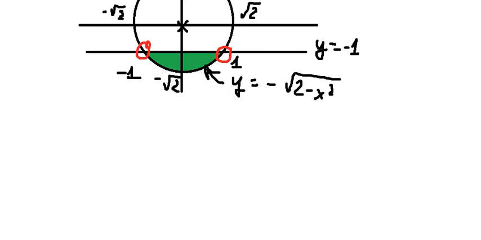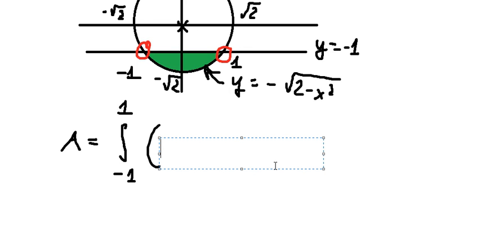So we have the area equals the integration from negative 1 to positive 1. We can use the upper function minus the lower function.